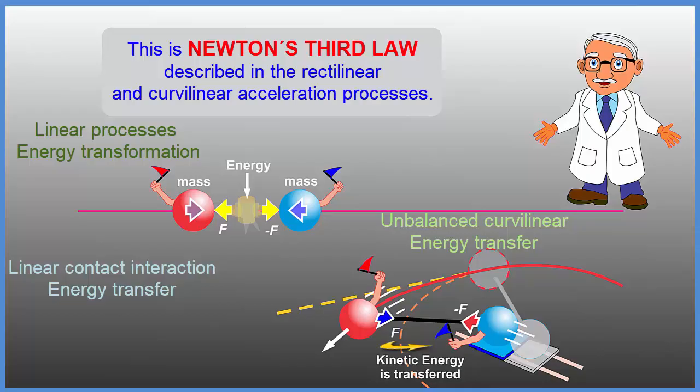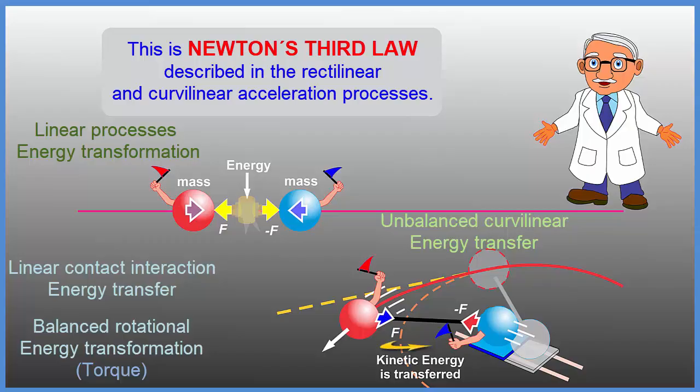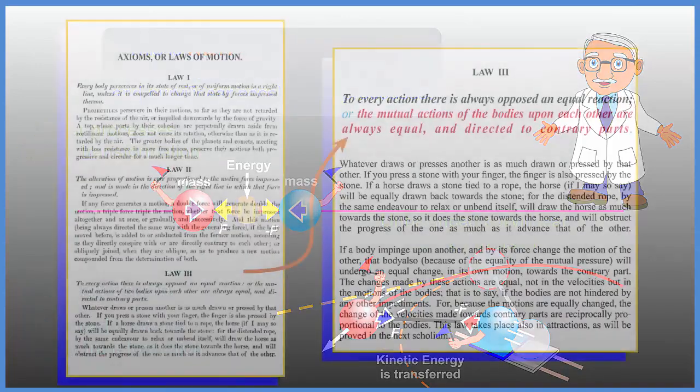Therefore, the conflicting inertial resistances of the bodies act upon each other as equal and opposite forces. In the balanced rotational processes, the tangential accelerations imply energy transformation using appropriate force-producing methods. Newton's third law, with its internal components, applies to all acceleration processes.